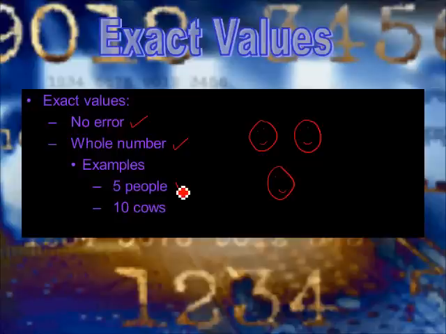Just like you have 5 people and 10 cows. It's a whole number item with essentially no error. You really didn't use a tool to count them. You visually inspected that there are 5 there. This is called an exact value, a distinct difference from a measured value.